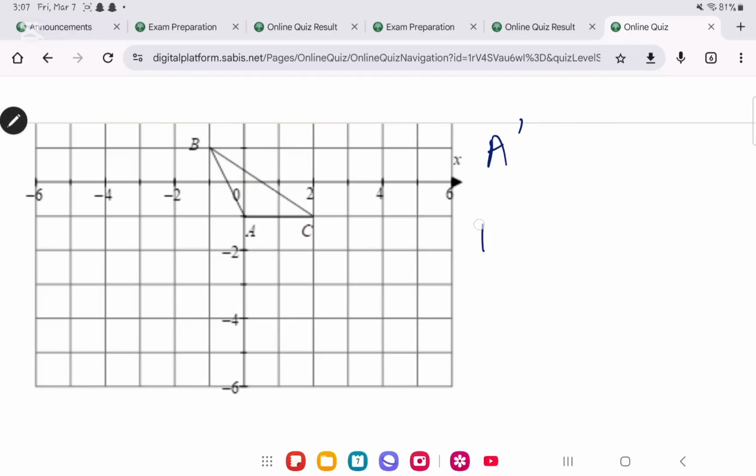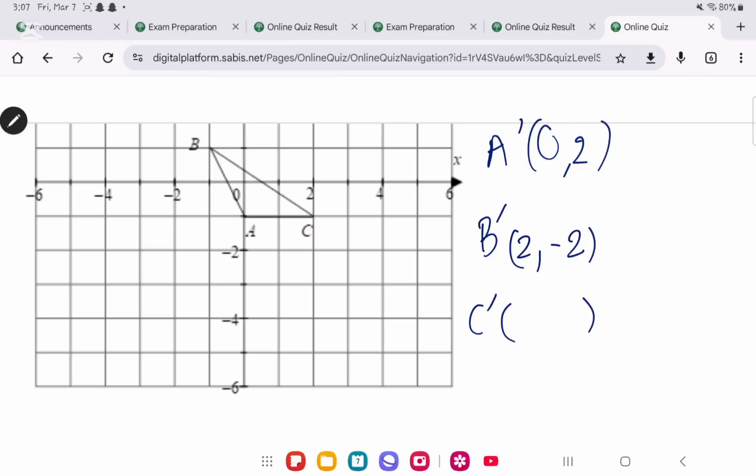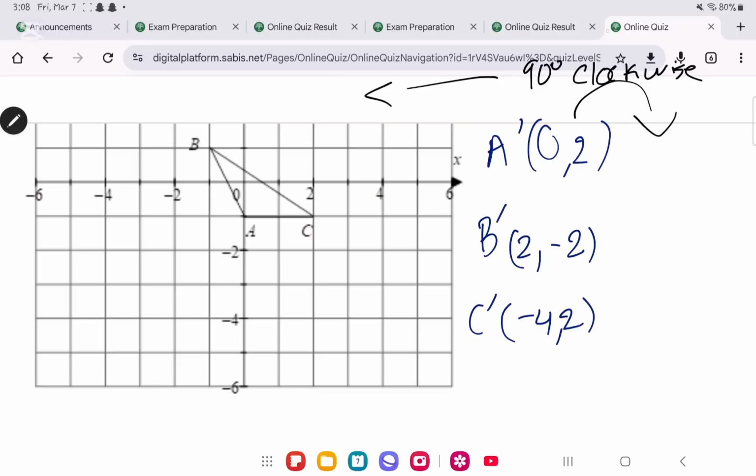So let me just clear it up a little bit. We have A prime, B prime, C prime. A prime, it is (0, 2). B prime, it is (2, -2). And C prime, it is (-4, 2). And we said to change it, we will be doing a 90 degrees rotation clockwise. Now, what does that mean?